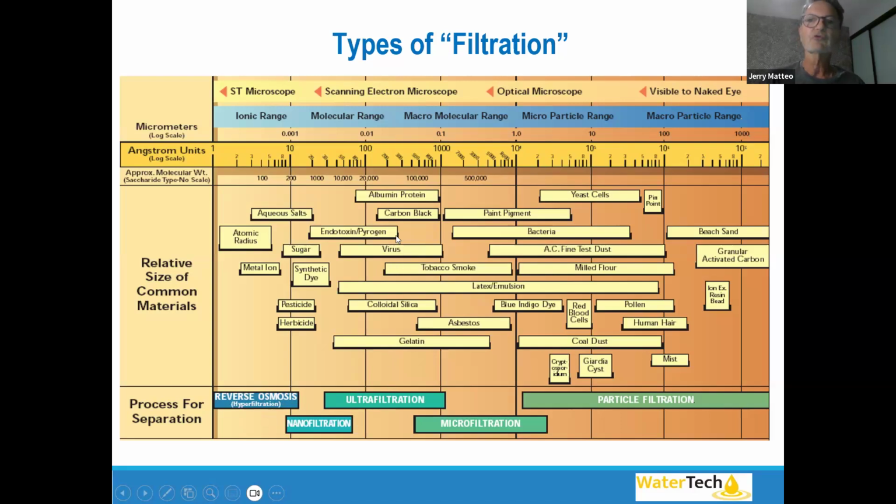If you go up from ultrafiltration, you can see that it can actually take out viruses. Dissolved solids are to the left here. Sugar would be dissolved. Salt, sodium chloride, would be dissolved. So only reverse osmosis can remove dissolved material. Way over to the right would be particles. Way over to the left would be dissolved matter.